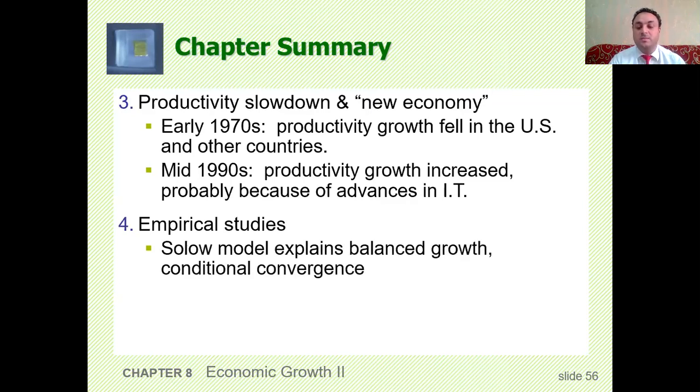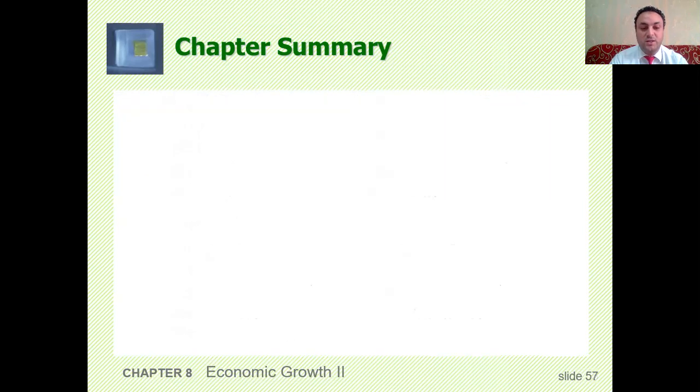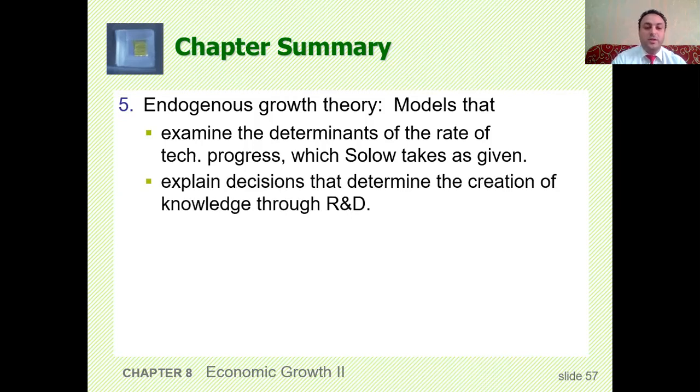The model explains balanced growth and conditional convergence, and cross-country variation in living standards is due to differences in capital accumulation and production efficiency. Also, endogenous growth theory: we saw models that examine the determinants of the rate of technological progress, which Solow takes as given, and also explain the decisions that determine the creation of knowledge through research and development.